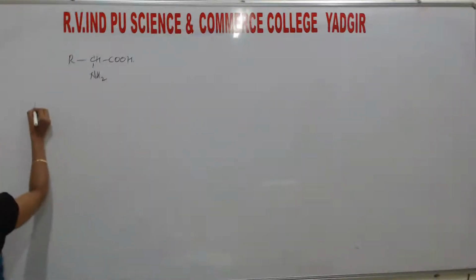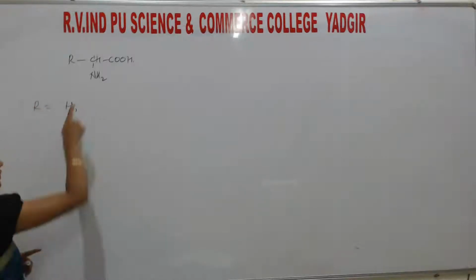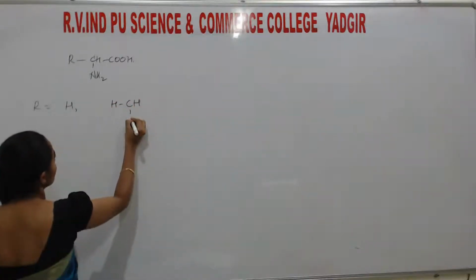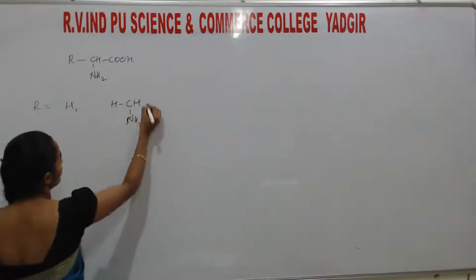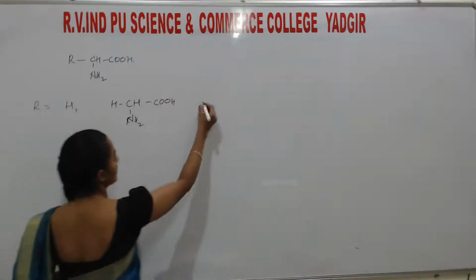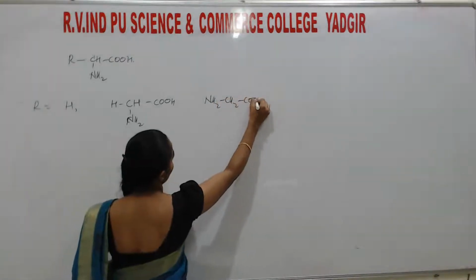If the R group is H, then this becomes H, CH, NH2, COOH. Completely, if you have to write it, this becomes NH2, CH2, COOH.